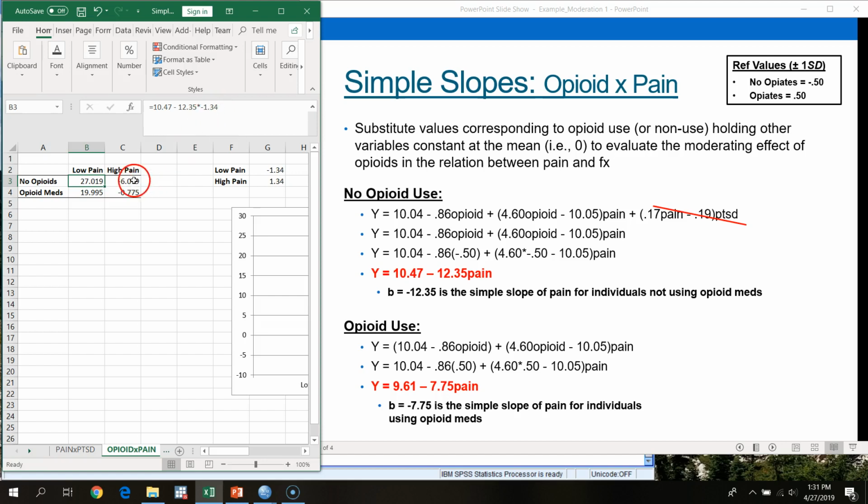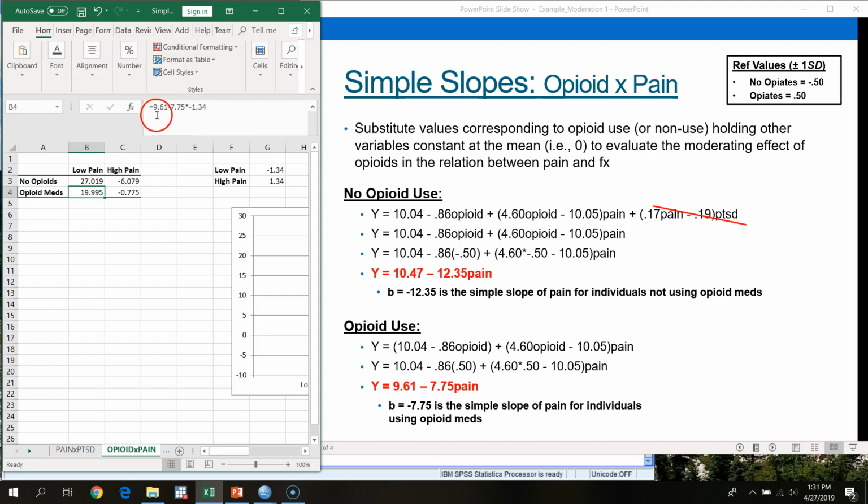So I'm just taking the same equation for my simple slope for no opiate use, plugging in low levels of pain, high levels of pain, and this is giving me the point estimates of my expected level of role functioning at low levels of pain and high levels of pain for people who aren't using opiates. And the same thing here: I've entered my simple slope for individuals who are using opiates. That's 9.61 minus 7.75 times pain.